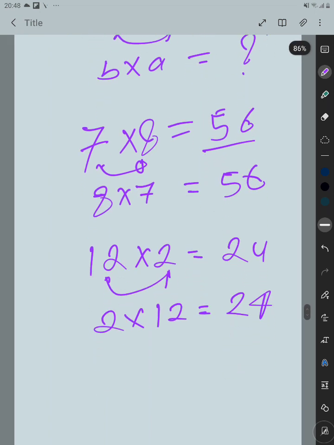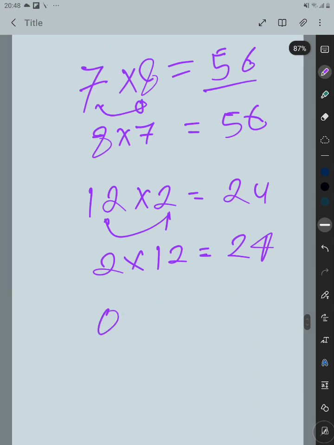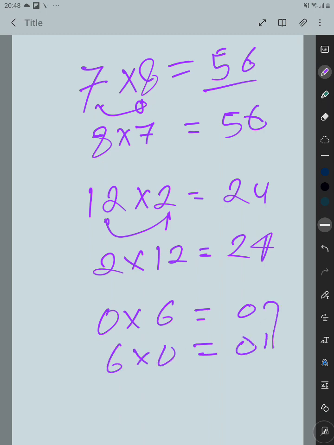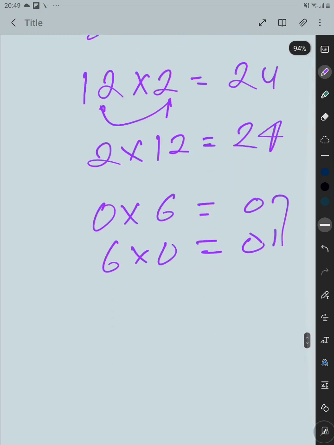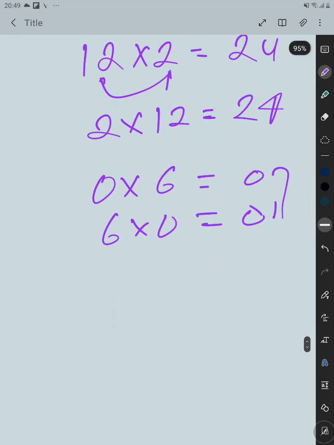Let's take 0 also. 0 multiplied by any number, 6, is 0, and 6 multiplied by 0 is also 0. So you are getting the same thing here. So for multiplication, it is true. So for multiplication, what can you say?